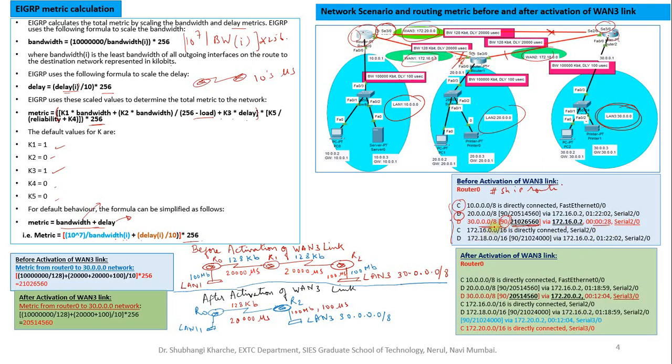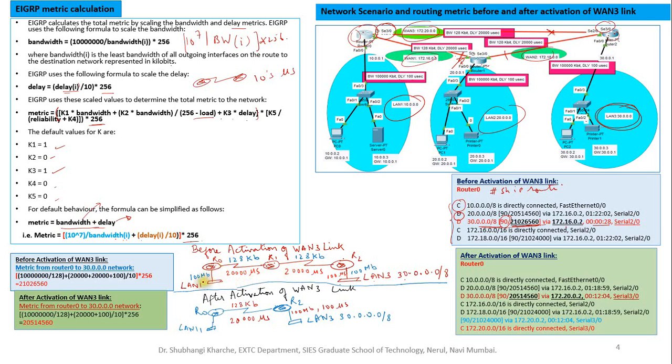Here let me explain how this metric is calculated. The metric calculation is shown over here. When the WAN 3 link is inactive, the path from R0 to this 30. network will be R0, R1, R2 and then the 30. network. I have written here the bandwidth and the delay on each link.